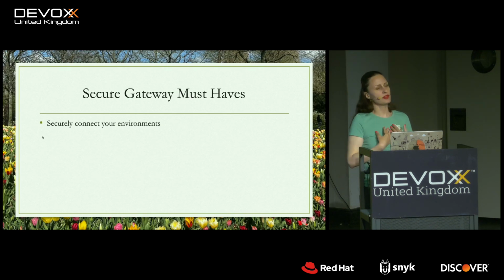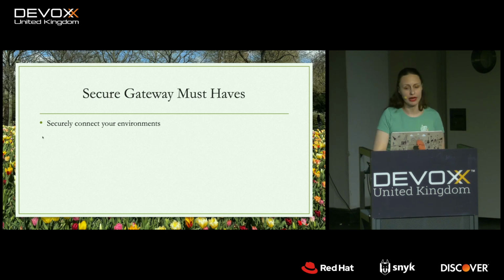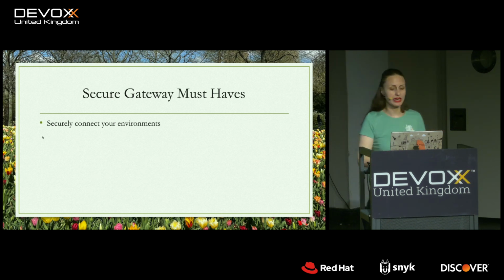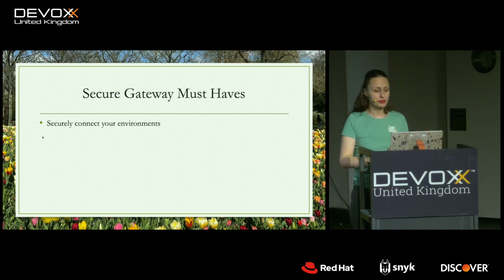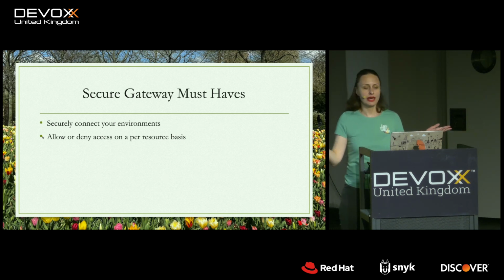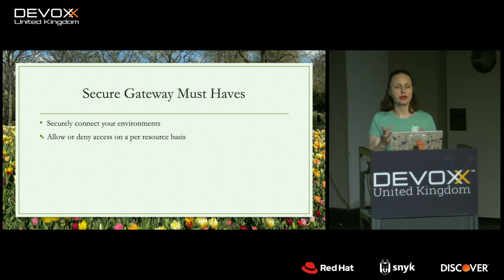So from my point of view, a security gateway should be a way to quickly set up a connection, a way to connect the environments where I'm running my applications, manage the mapping maybe between the local or the remote, and of course, prevent any unauthorized access by allowing or denying access on a per resource basis.